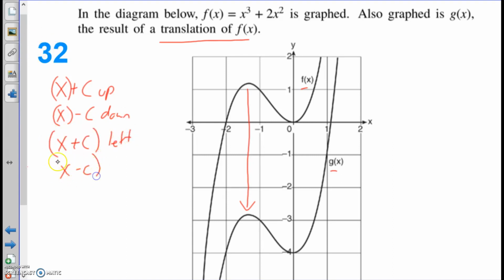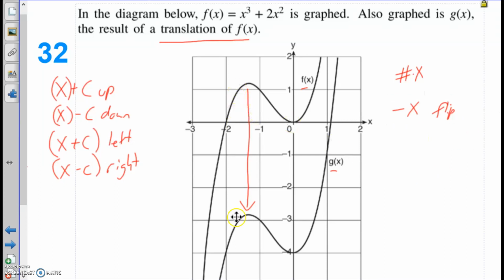A minus on the inside is right. The other rules: if you put a number in front of the x, and this could be x squared, x to the third, square root of x, absolute value, it doesn't really matter, if you attach a number to the front, that is narrower or wider. If you throw a negative in the front, that's when you do the flip. It's flipped upside down. So these are your rules.